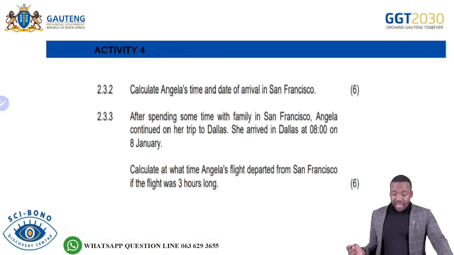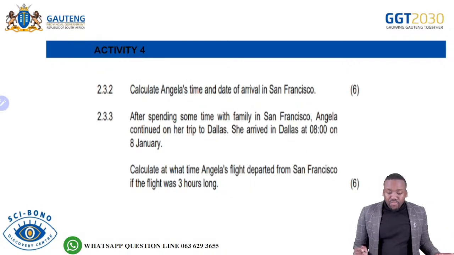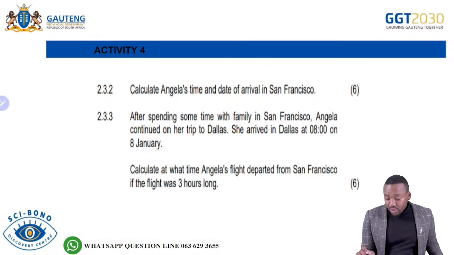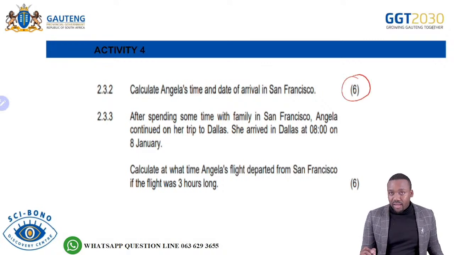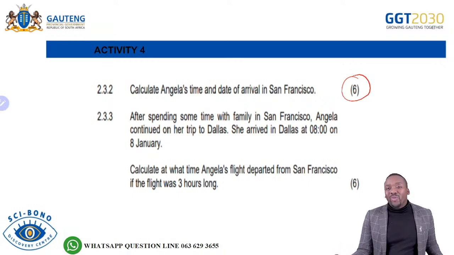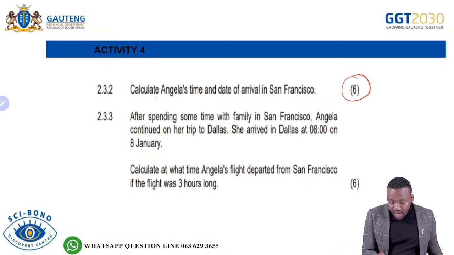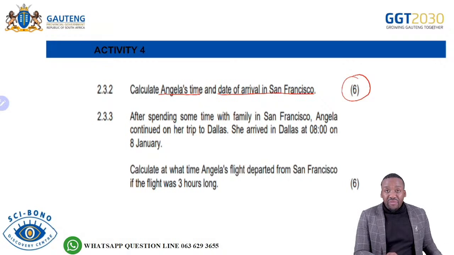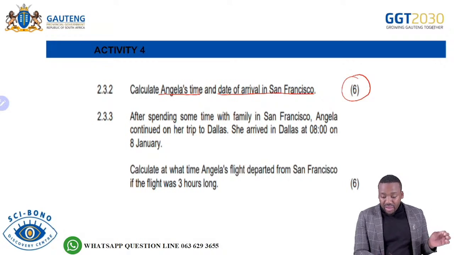Now, we have read the case. 2.3.1. Calculate Angela's time and date of arrival in San Francisco. How many things do they want here?